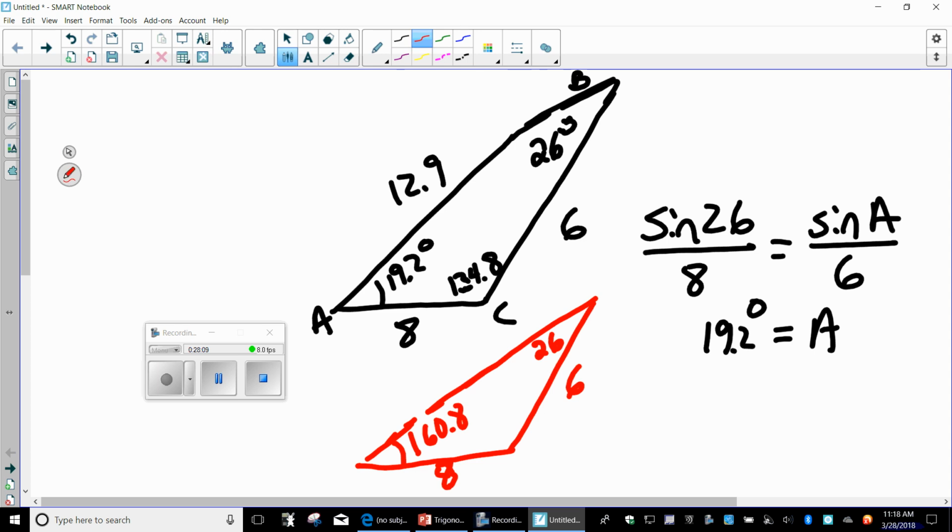Grab your calculators. 180 minus 160.8 minus 26. Does that work? So in this case, what do we know about the second triangle? It's not going to work. Okay, so then I don't think this is a big deal. Does that make sense? Then we're going to go back to the first triangle and use our area formula.